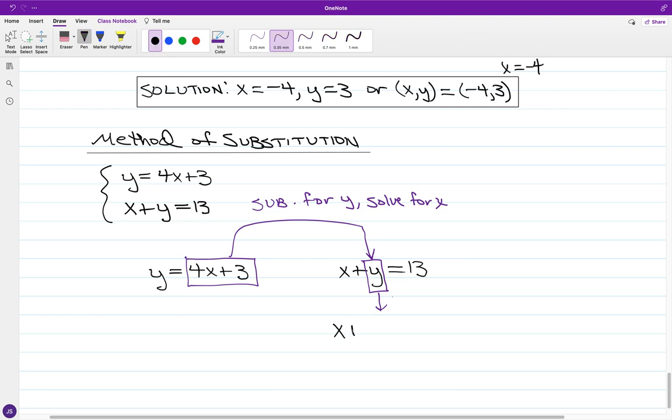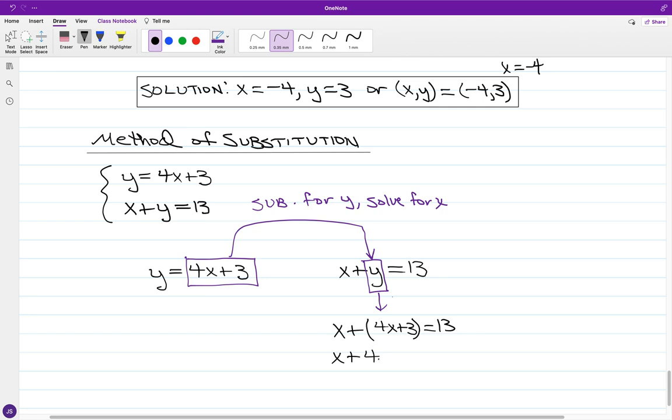If I do this, I have x plus, in place of y, 4x plus 3, that is equal to 13. I'm using the parentheses just to signify that this is what I have replaced y with, defined as 4x plus 3 from the first equation.